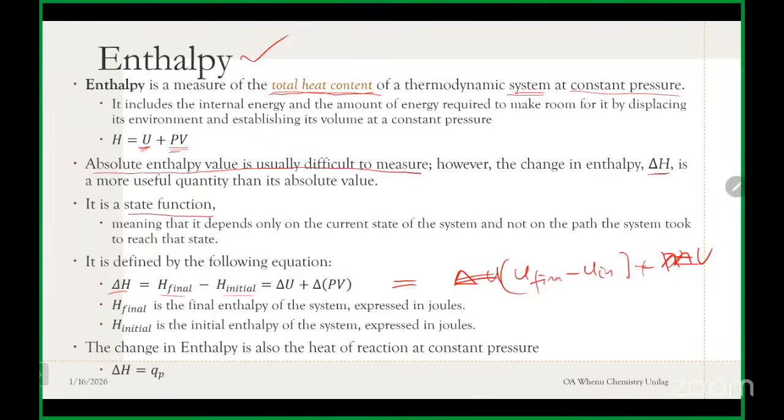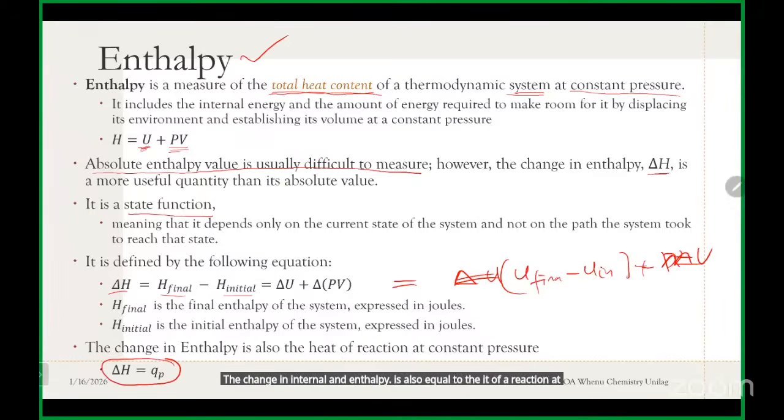The change in enthalpy is also equal to the heat of a reaction at constant pressure. So you can change the heat of a system at constant volume, but that's not equal to the change in enthalpy. It is at constant pressure, and that's why we have this tiny subscript P here.